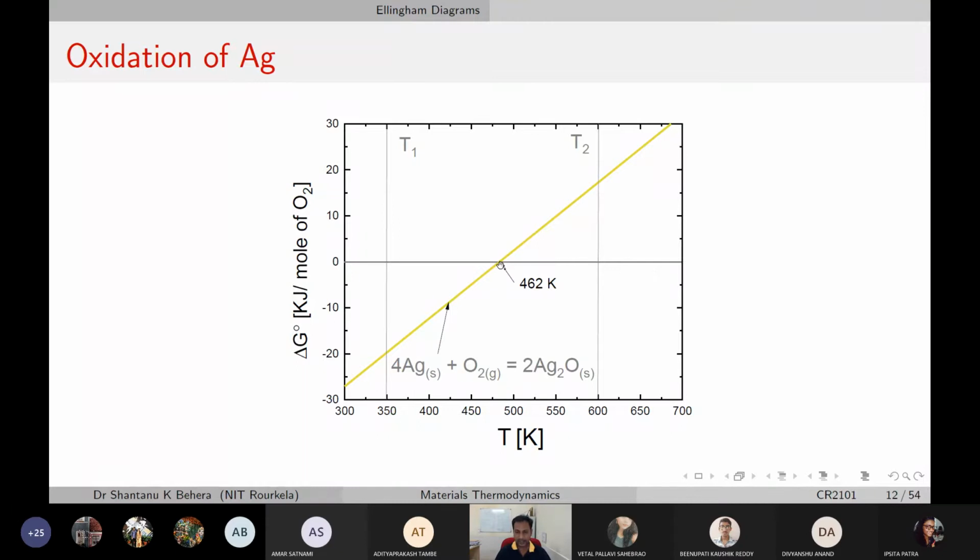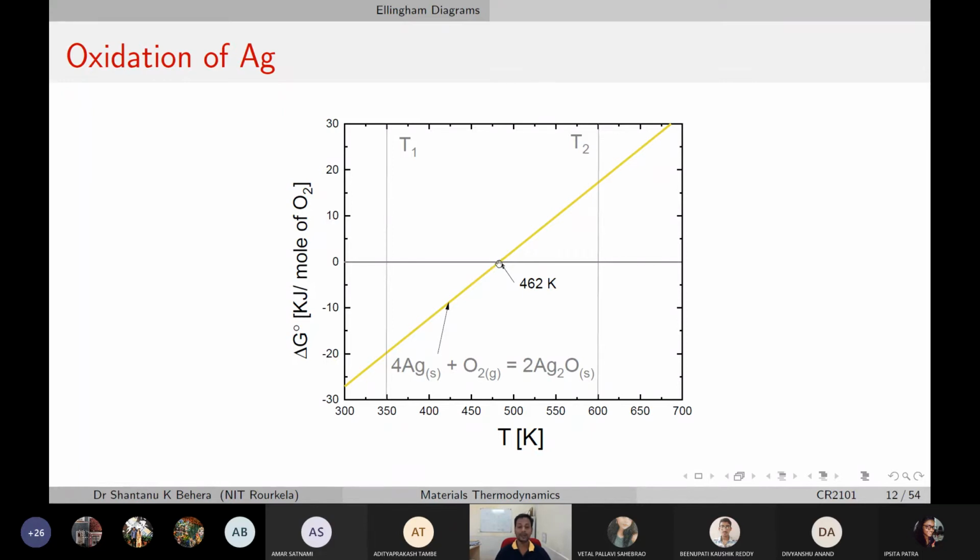That means this is the equilibrium line for which at 462 Kelvin, at 1 atmosphere, the silver and oxygen and silver oxide are all in equilibrium. They coexist. All of these coexist at this point at 1 atmosphere.